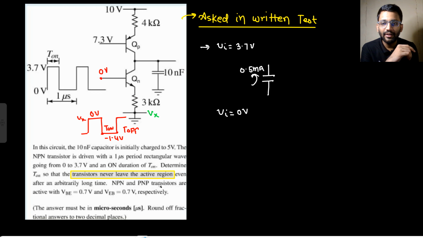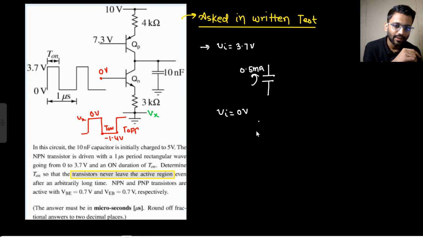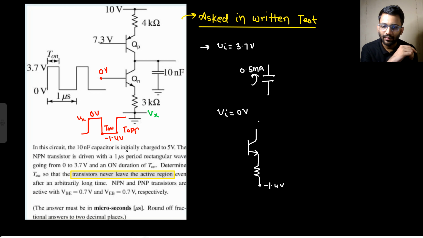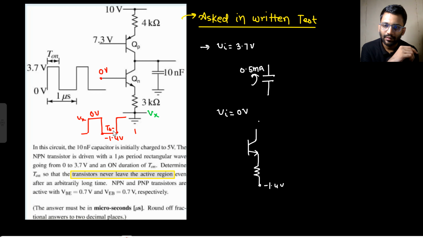And when Vin is equal to 0 volt, at that time what will happen? This window is T on actually.